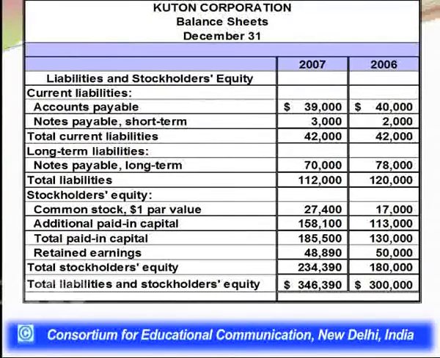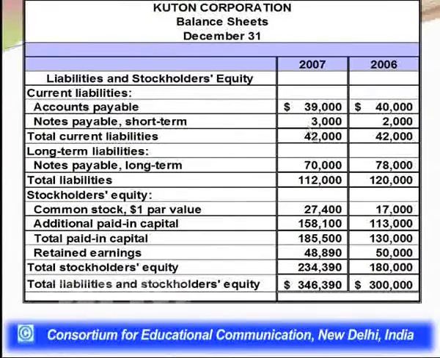If it is for short duration, less than 1 year, it is known as current liability, and if it is for more than 1 year, we call it long term liabilities, as indicated here, right? So the value of notes payable for 2006 was 78,000 and for 2007 it is 70,000.